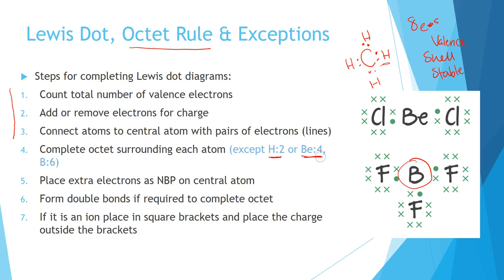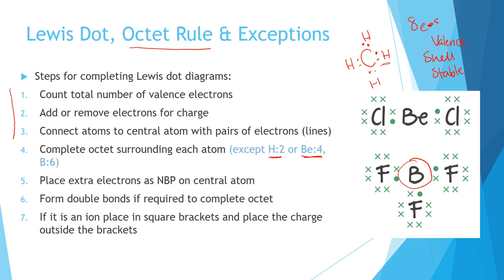Beryllium requires 4 electrons in its valence shell to be stable, which is why it's one of those weird ones that we looked at in ionic, in that beryllium should, in theory, be a metal and form ionic bonds when it bonds with nonmetals. But in the case of some nonmetals, in particular chlorine, it will form a covalent compound rather than an ionic compound.